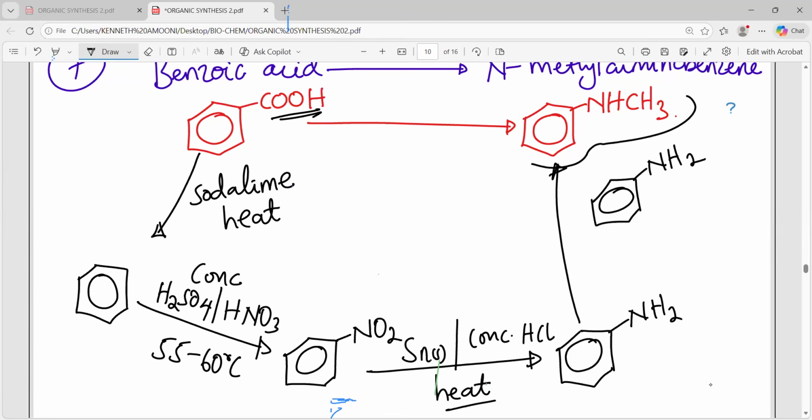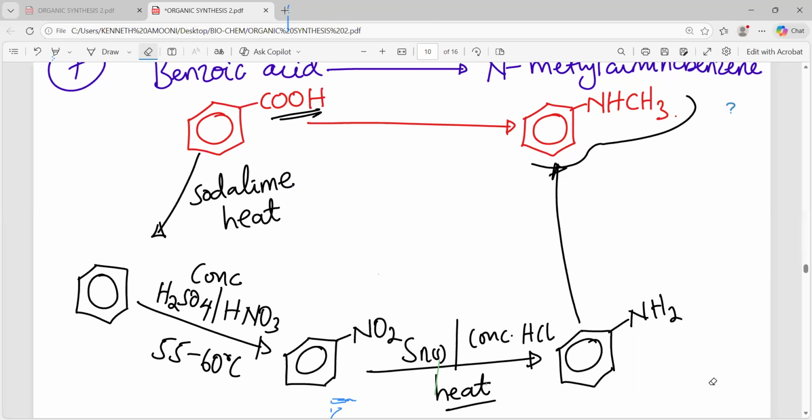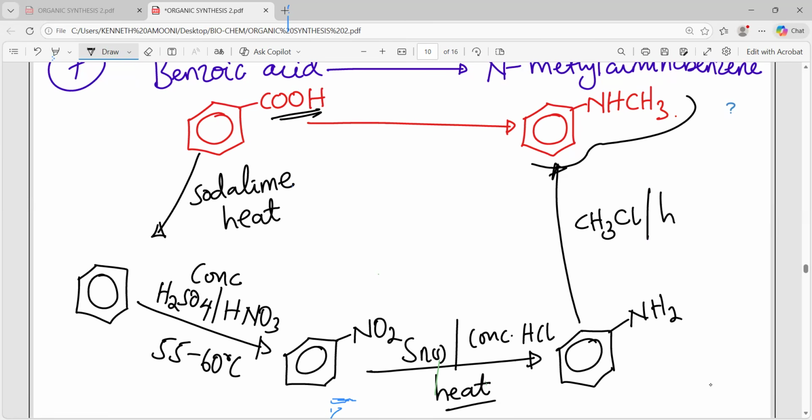But I remember saying that this reaction is going to fall under the alkylation reaction of amines, of aminobenzene that we looked at. So in that case, we are going to add an alkyl halide. So we shall have CH3Cl, and then you're going to heat, and you're going to form that final product.